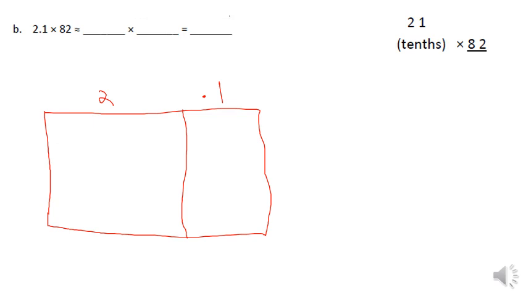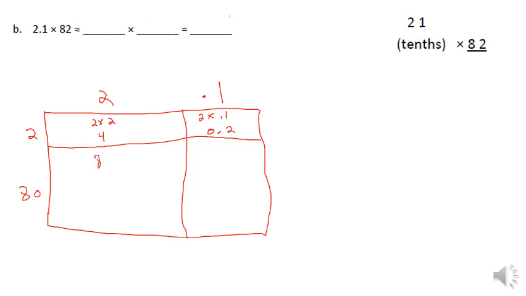And vertically, I'm going to do 80 and 2. Now when we multiply it out, this is 2 times 2, so that's going to give me 4. This is 2 times 1/10. So this 2 times 1/10 would be 2/10. 2/10 is written as 0.2.